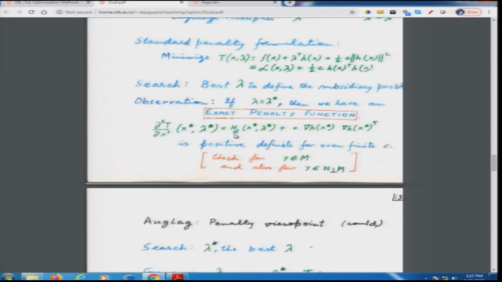Now, how do you check that? You check its positive definiteness in the tangent subspace and in the normal subspace, normal to the tangent subspace.